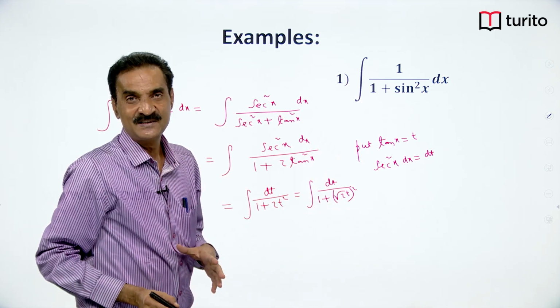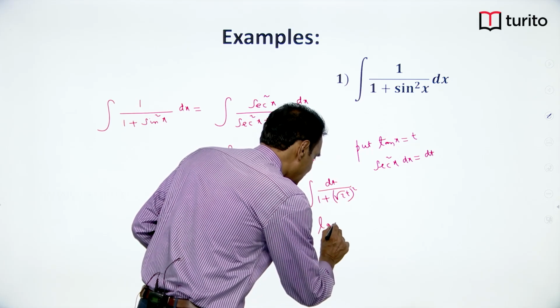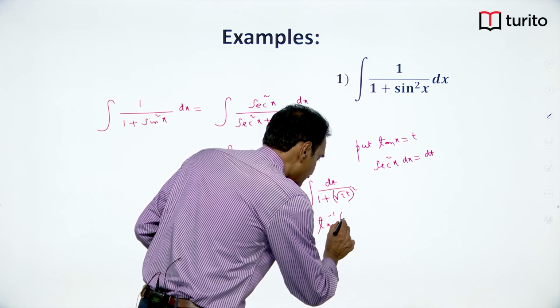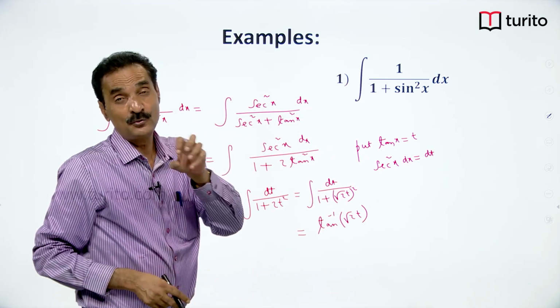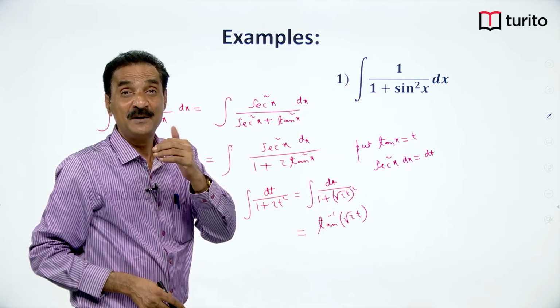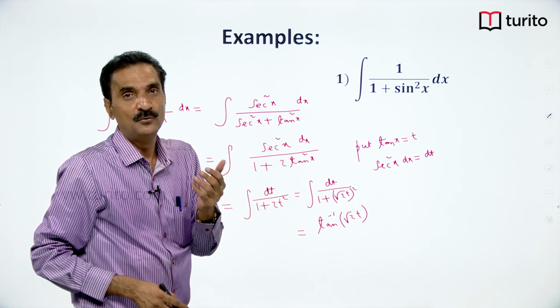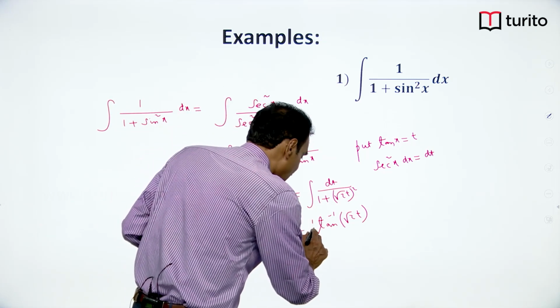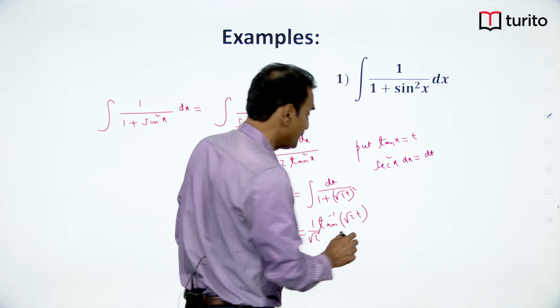Assume that root 2t is x, its integral is tan inverse root 2t. But when you assume root 2t as x, we have to divide by the derivative of root 2t with respect to t. What is that? Root 2. Dividing by root 2, we get 1 by root 2 into tan inverse root 2t plus c.